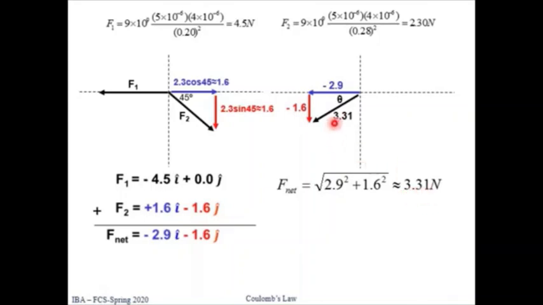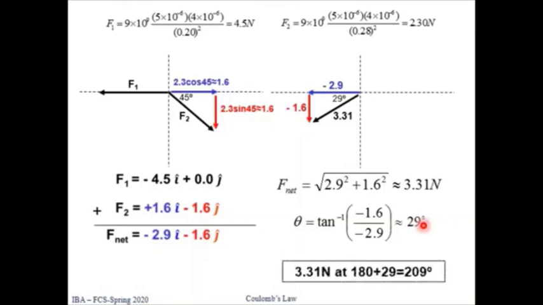The angle can also be determined through the tangent law, which will be 29 degrees. In general, this angle is measured with respect to the positive x-axis. So in order to measure from the positive x-axis, we just need to add 29 plus 180. That will be 209 degrees. Thank you.